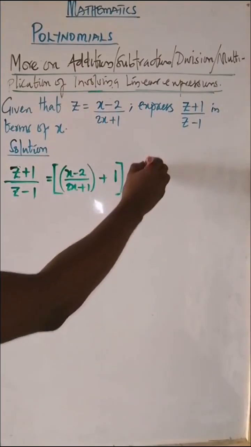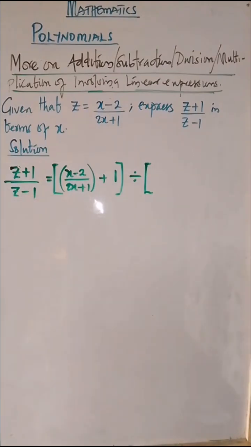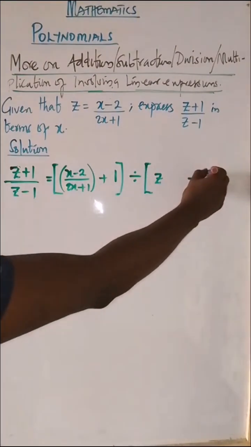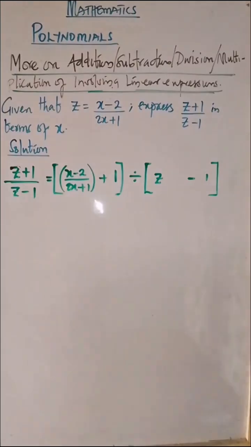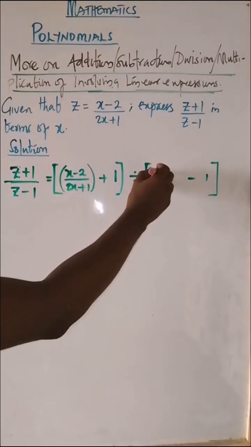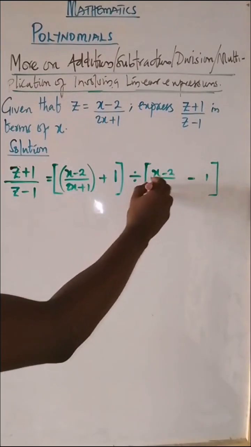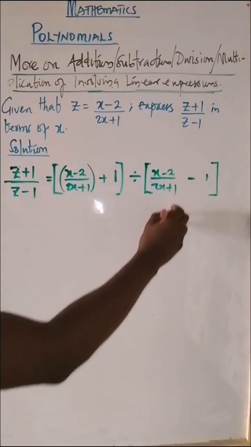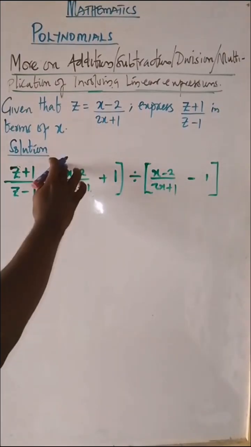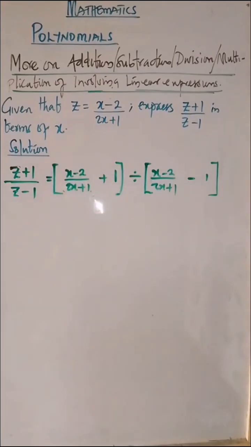So for the denominator, we have z minus 1. So instead of writing z minus 1, we'll replace z with its value. We replace z with what we have here, x minus 2 over 2x plus 1. Then from here, I don't need to put this bracket here. Doesn't matter because we're not expanding anything here. So what can we do here?